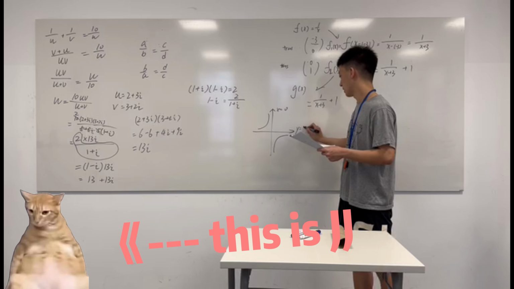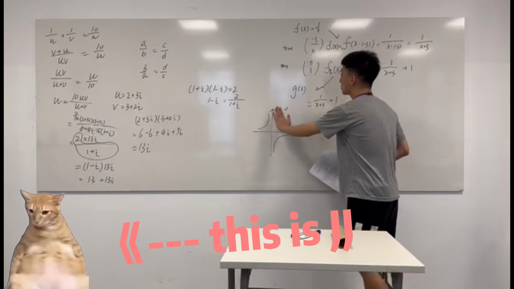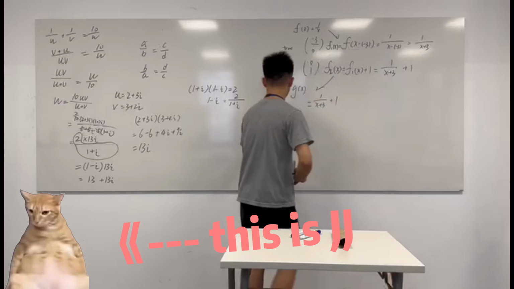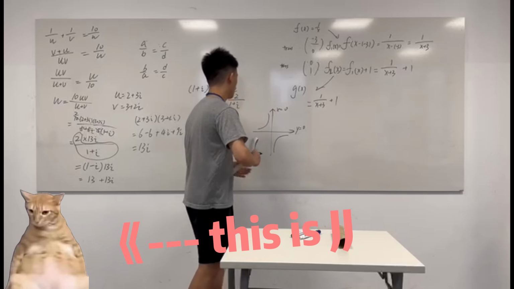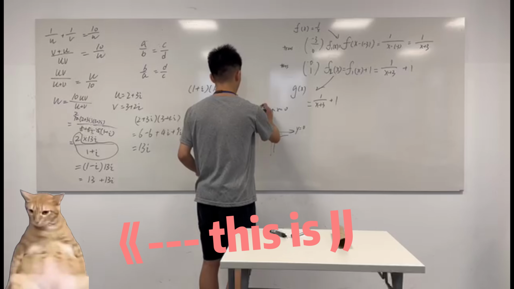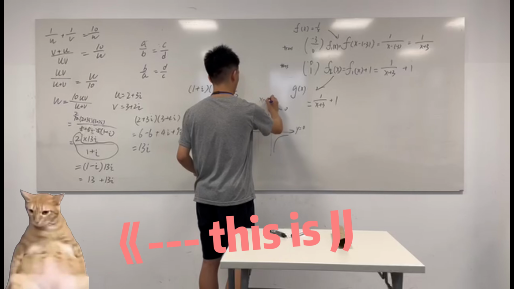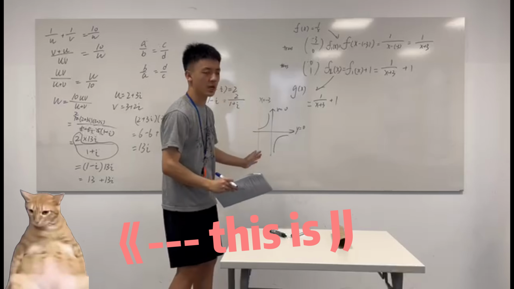The horizontal is y equal to 0, and we know that this asymptote moves 3 units to the left, it will become x equal to -3, and this asymptote moves upward, it won't change.